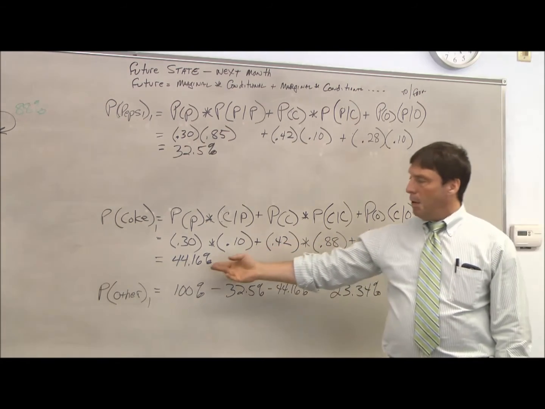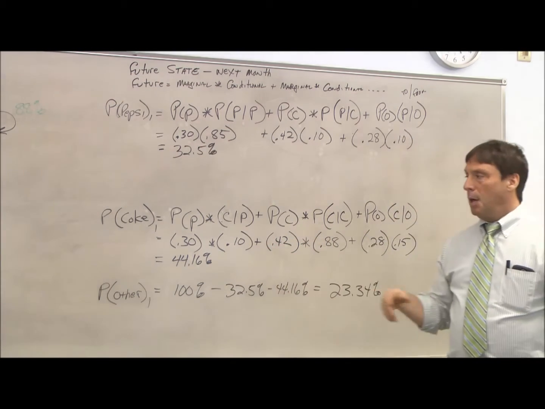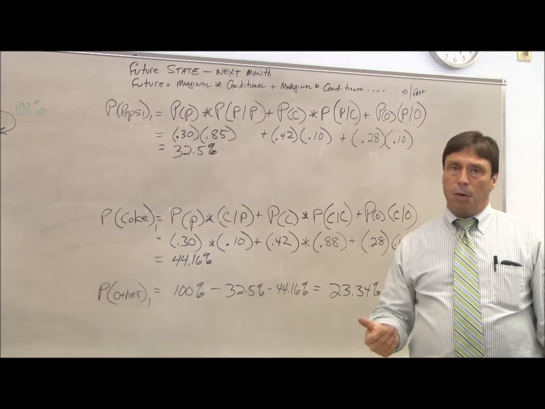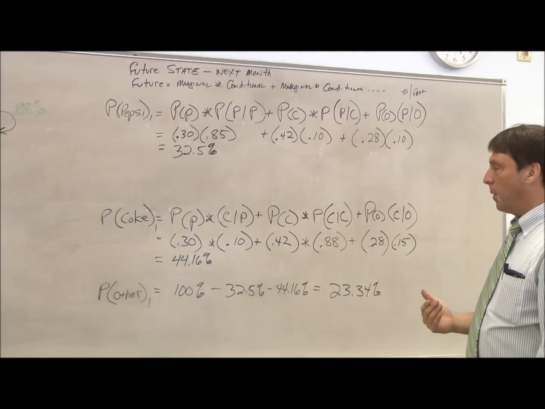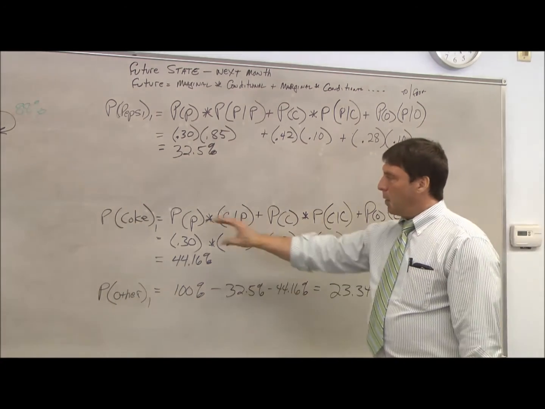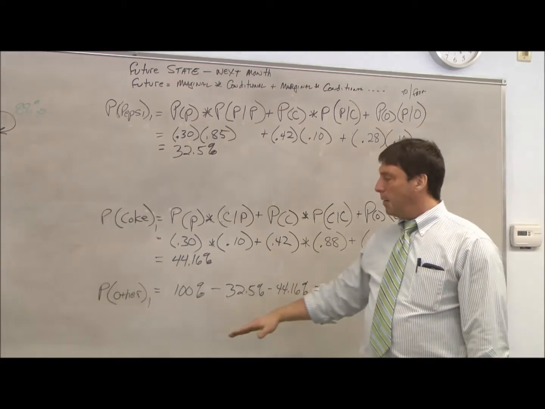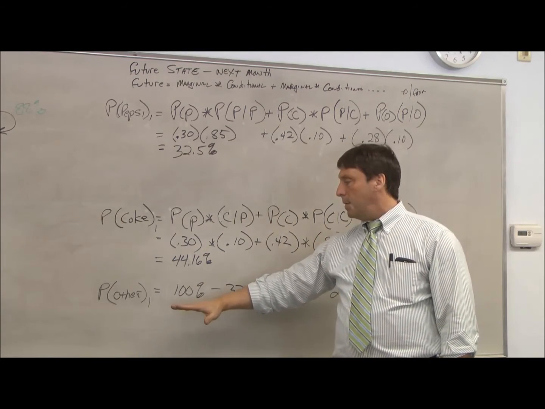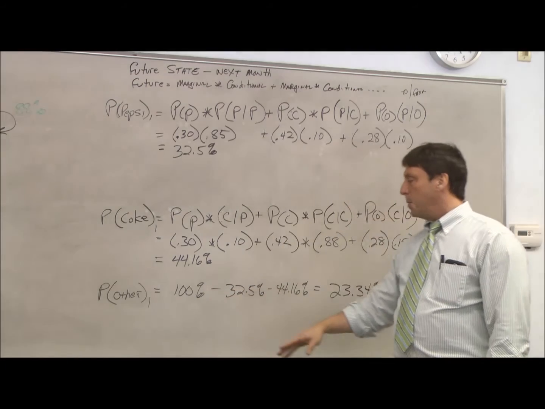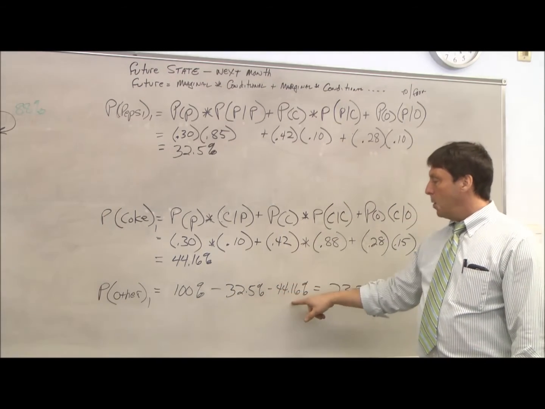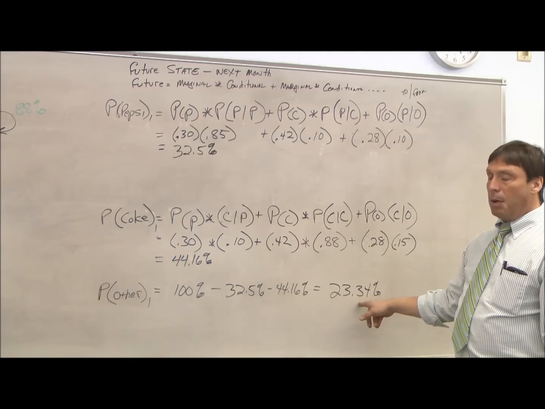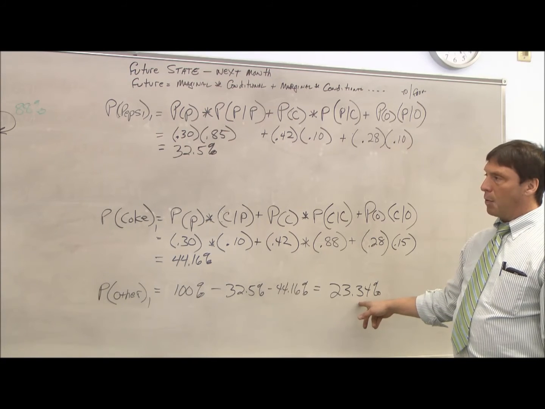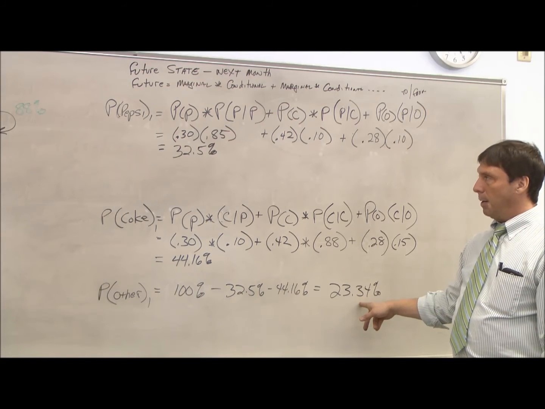Add those up, 44.16. Now one thing we know with our marginal probabilities, they all have to equal 100%. So we could do this out a third time for other, or we could just take advantage of the fact that 100% minus our two other probabilities, we know that other's going to wind up with 23% market share.